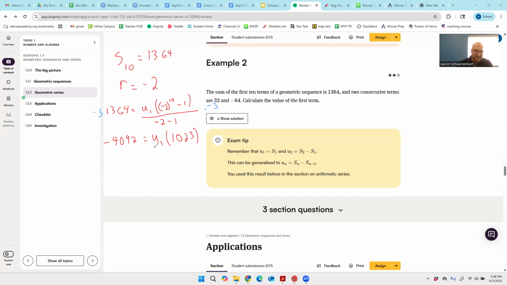And I get this lovely number of negative 4. Oh, that was such a simple U1.